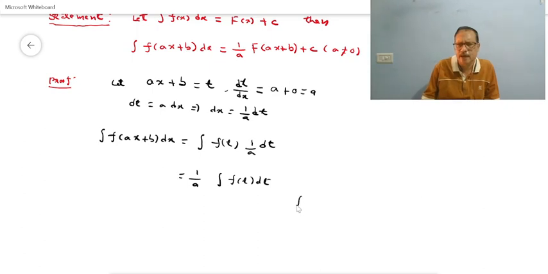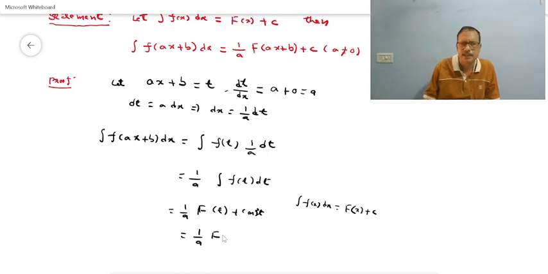Now integral of f of x dx is equal to F of x plus constant, so this is equal to 1 by a into F of t plus constant. So that's equal to 1 by a into F of, what is t, ax plus b. That's 1 by a into F of ax plus b plus constant, say I write c.